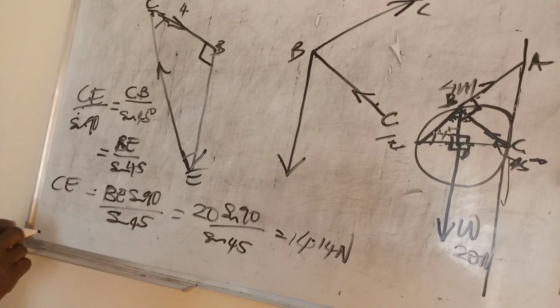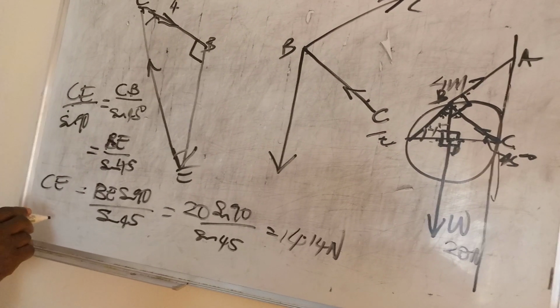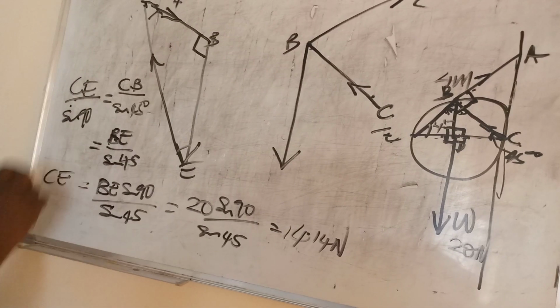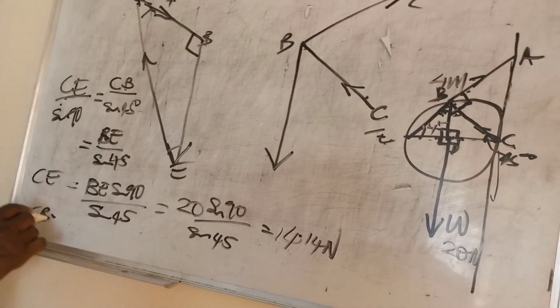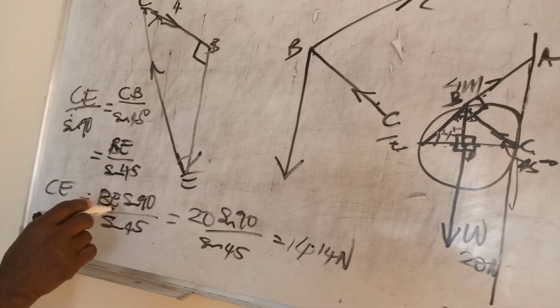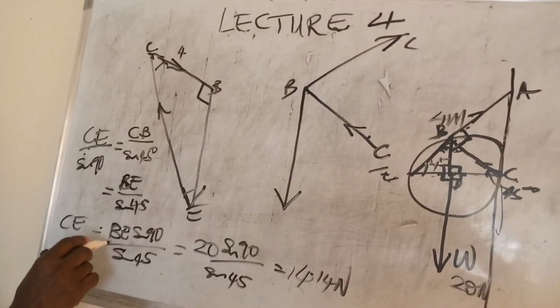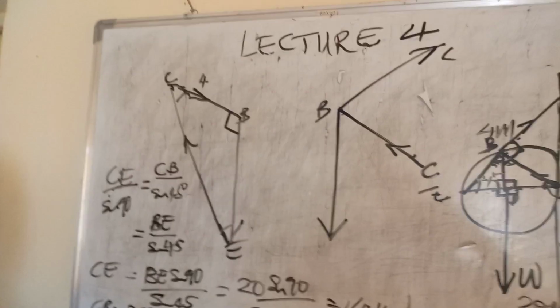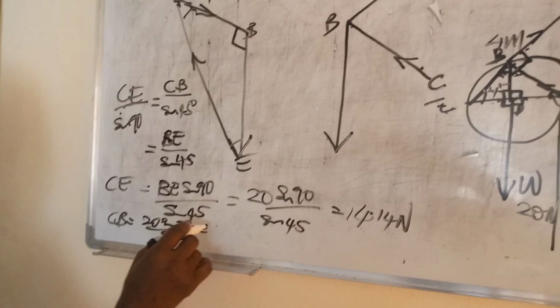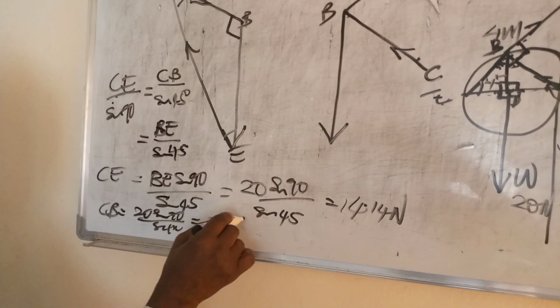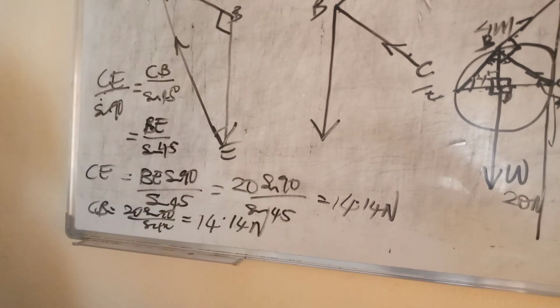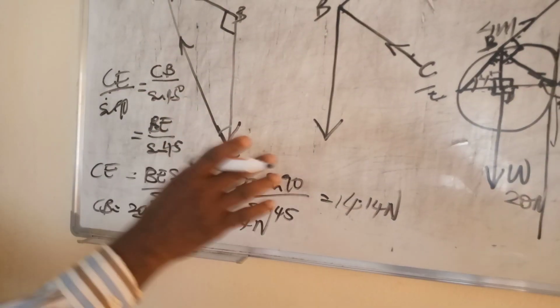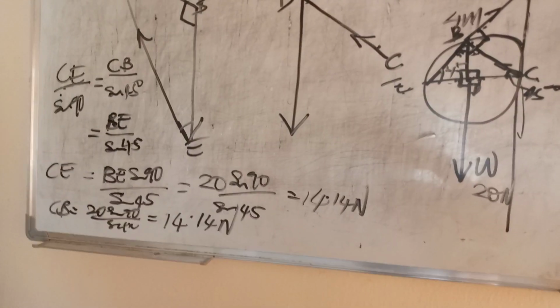It happens to be the same as BE. Then CB is still equal to 20 sine 90 over sine 45, which is still equal to 14.14 newtons. So we can easily get the reaction.